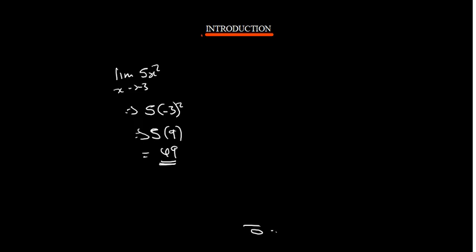So what if now we are given this question to find the limit as x approaches 5 of 2x squared minus 3x plus 4?